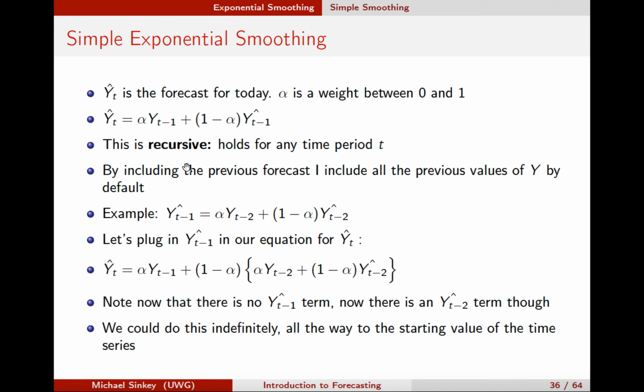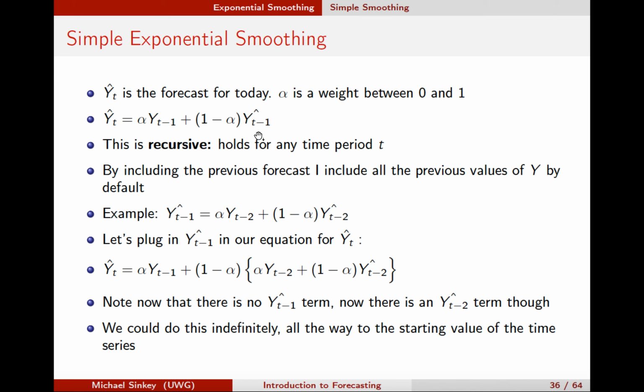Now, this fourth bullet point is the kicker. By including the forecast from the previous period, I include all of the previous values of y by default. So the recursive nature of the exponential smoothing forecast actually includes all of the previous periods, all the way back to the start.